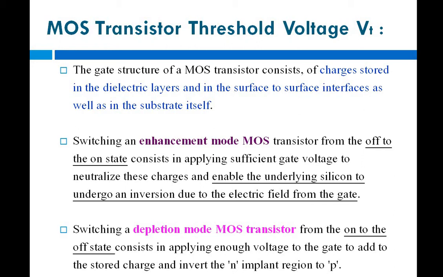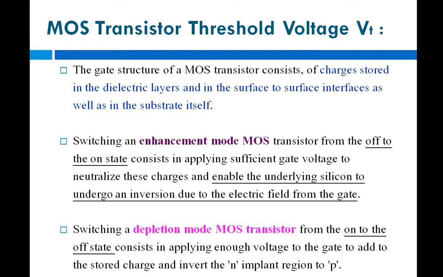The gate structure of a MOS transistor consists of charges stored in the dielectric layer. I hope you remember the figure we used for the IDS and VDS relationship. In that you have a channel and a dielectric layer with dielectric charges. The charges are stored in the dielectric layer as well as at the surface to surface interface.